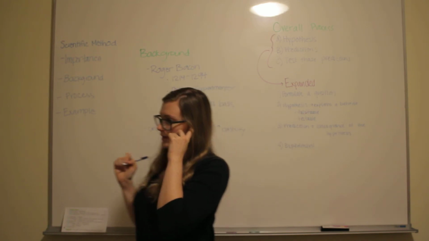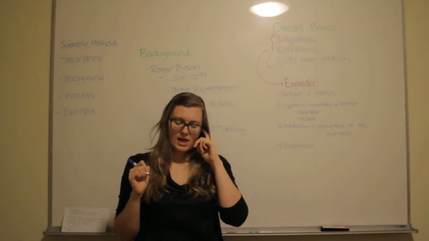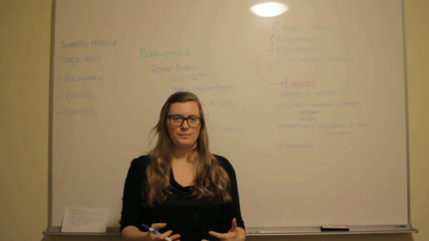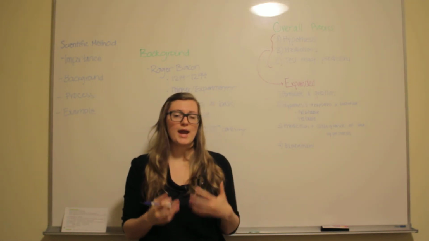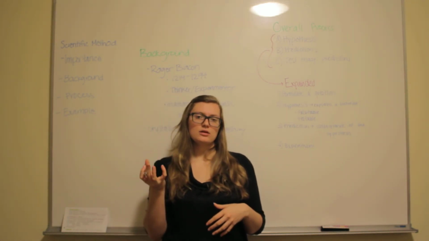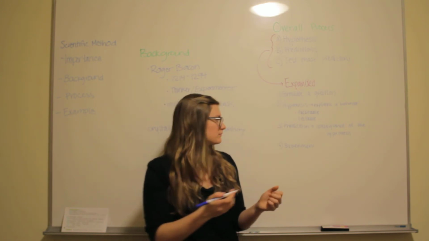So for experiments, one thing that's important is you need to be able to have a control. You have to be able to compare what you're changing to a control.